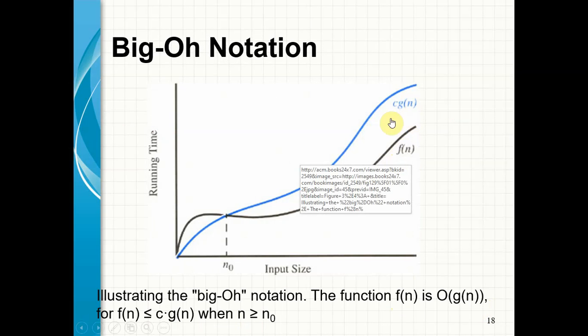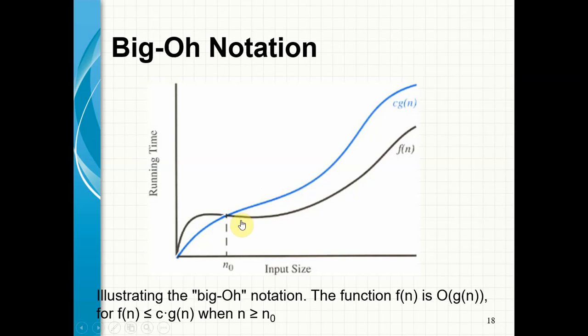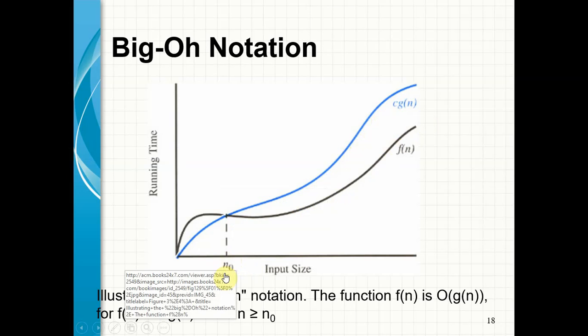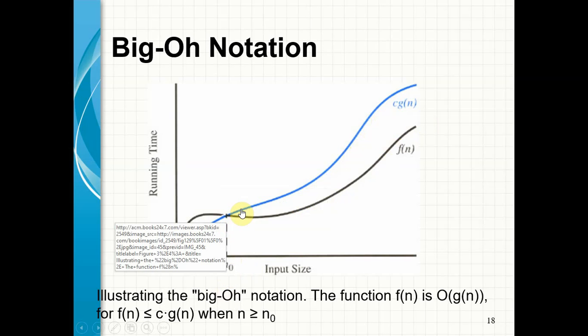So you can see that c times g(n) gives an upper bound of f(n) after n is greater than n0. After this point, c times g(n) must be greater than f(n). So if we find a function g(n), then we will know that f(n) will not be greater than c times g(n).